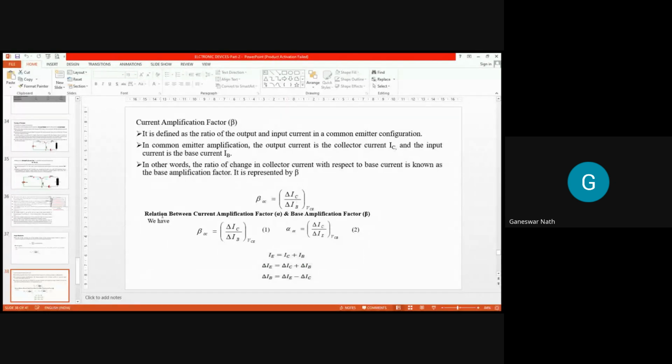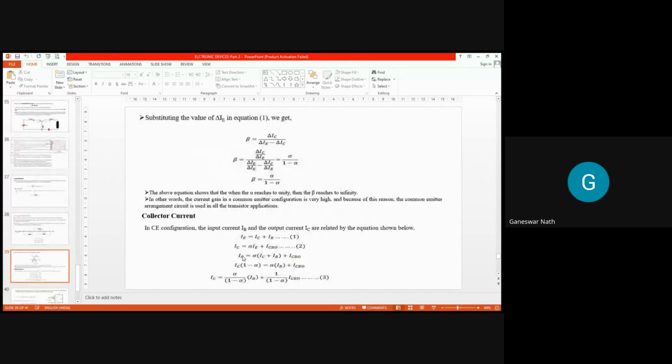We can also establish the relationship between beta and alpha: beta is equal to alpha by 1 minus alpha, and we can also calculate the collector current from these equations. This may be a small problem you may get here.